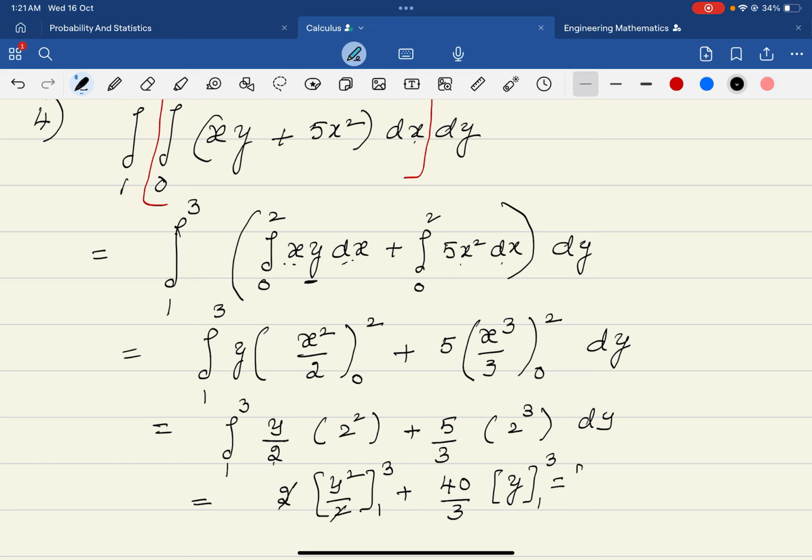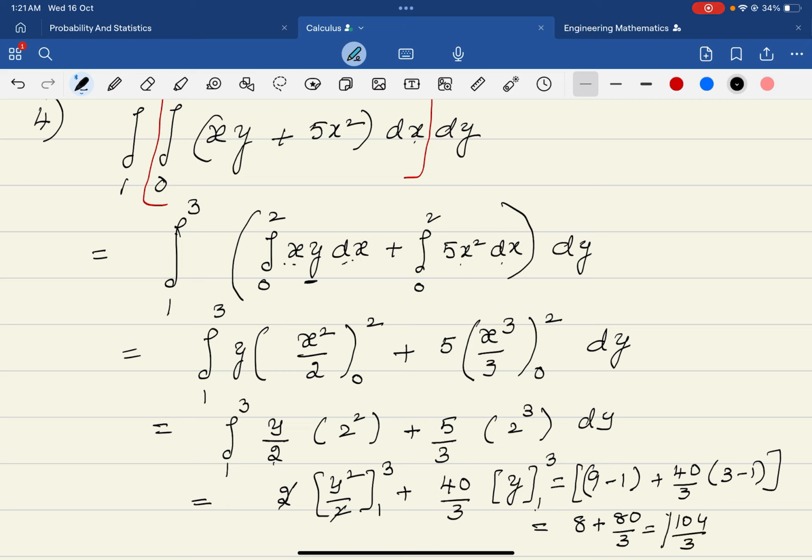So it is the upper limit 3 square means 9 minus 1 square, 9 minus 1, plus 40 by 3 times the upper limit 3 minus the lower limit 1, so 3 minus 1. So what is the value of this integral? 9 minus 1 is 8, plus 40 into 2 over 3, 80 by 3. So the value is 24 plus 80 over 3, which is 104 by 3.